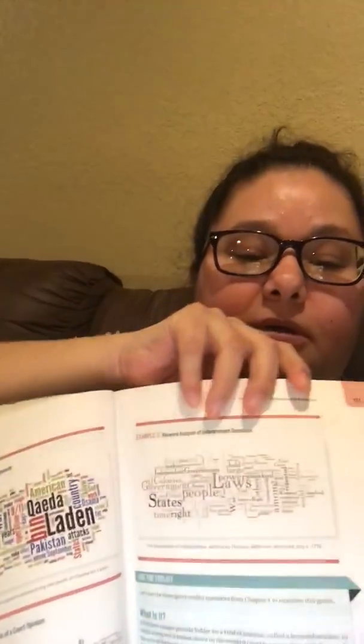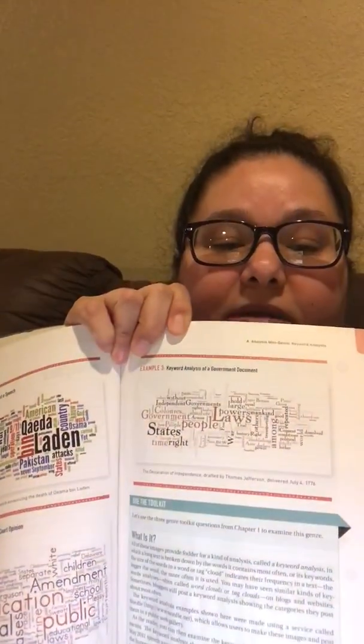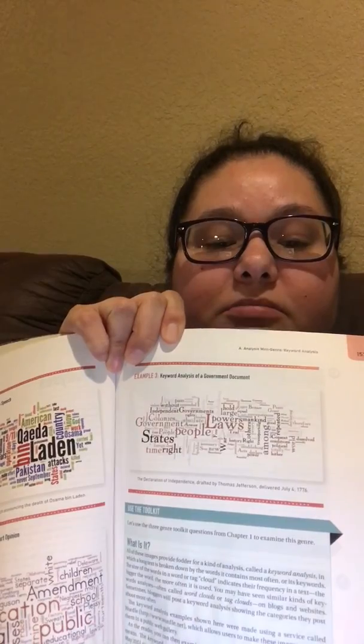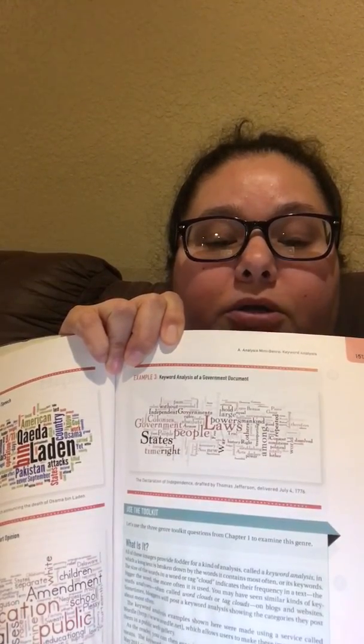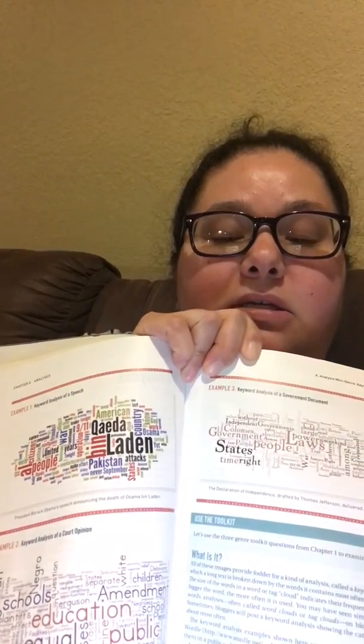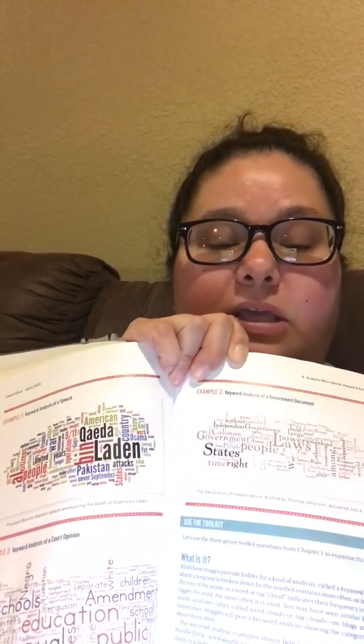If we look on to page 150, 151, you'll see these little blurbs, and they're basically just balls of words. Some are bigger, some are smaller, and these are called a keyword analysis.